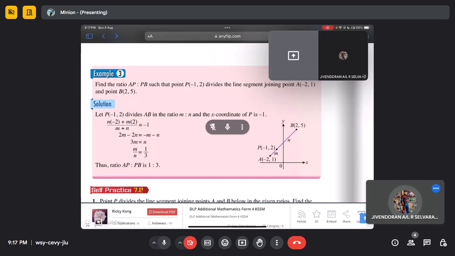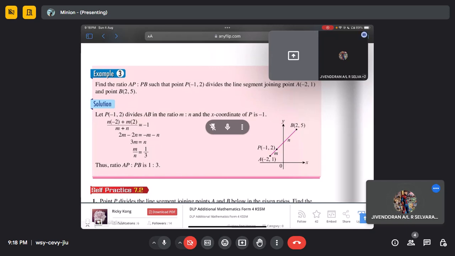Okay, so it will be (n(-2) + m(2)) over (m + n) equals -1. Then move the m plus n to the other side and expand. You'll get 2m minus 2n equals -m minus n.